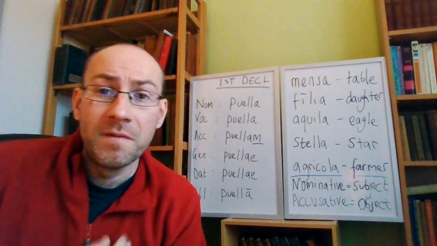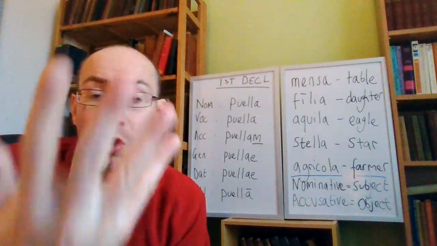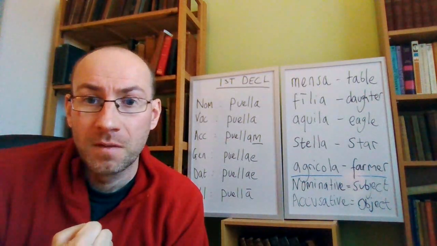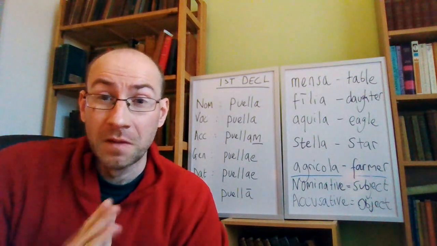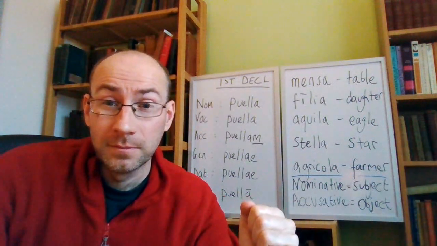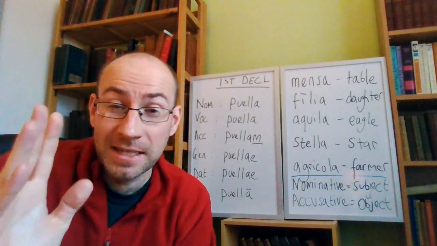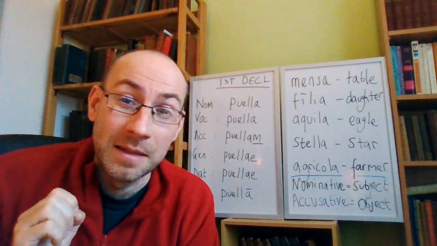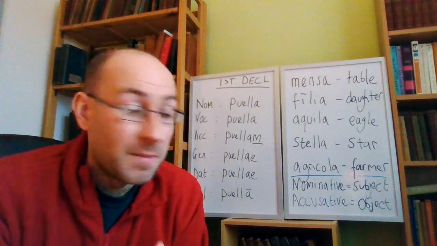Vocative. This comes from vox, which is my voice. I use my voice to call somebody. Vocare. So if you call somebody, friend, father, girl, boy, come here. When you directly address somebody, sometimes the ending's a little bit different, and that's called the vocative case. It's not something that we're going to make a big fuss about.